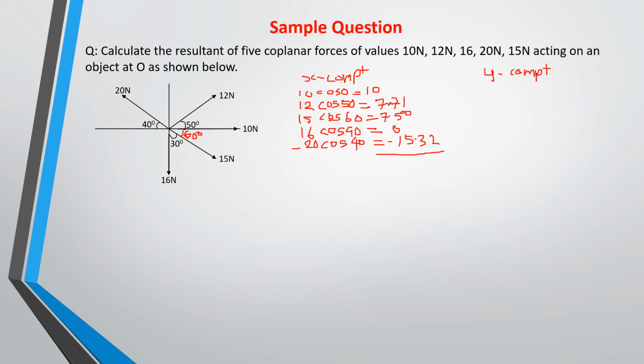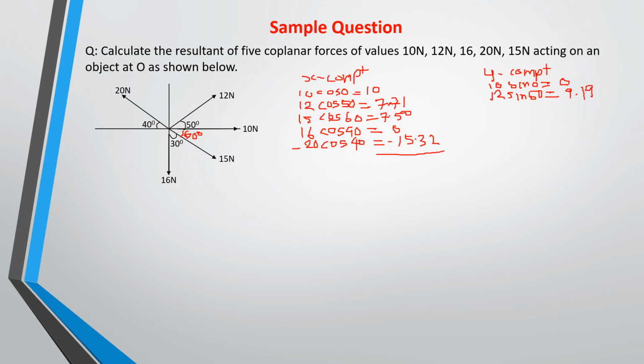You now come to the Y component, the same thing that you did for the X component, but this time you are using sine. 10 sine 0 gives you 0. Next one is 12 sine 50. 12 sine 50 gives you 9.19.